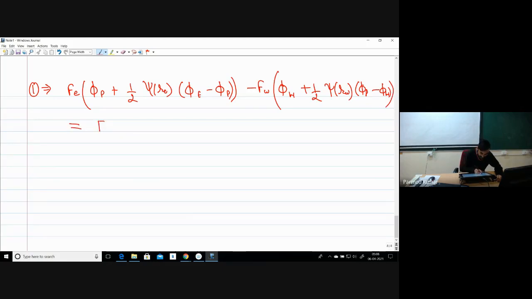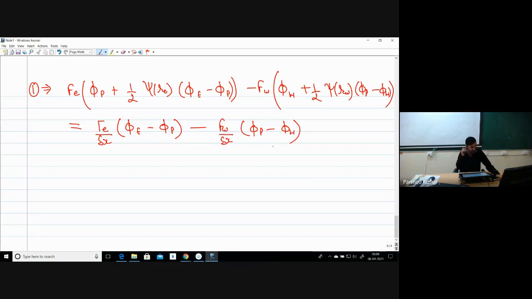And in the right hand side, I'll be having gamma E divided by dx into phi E minus phi P, and minus of gamma W divided by dx into phi P minus phi W.